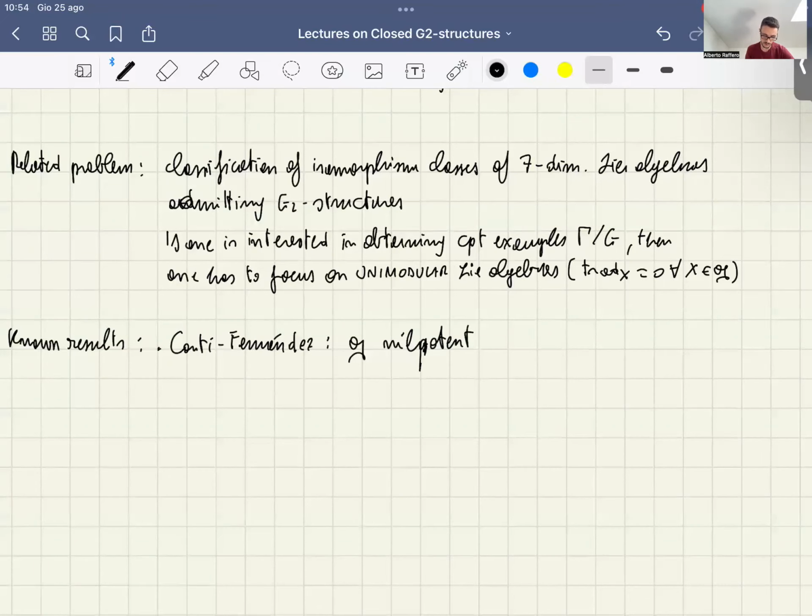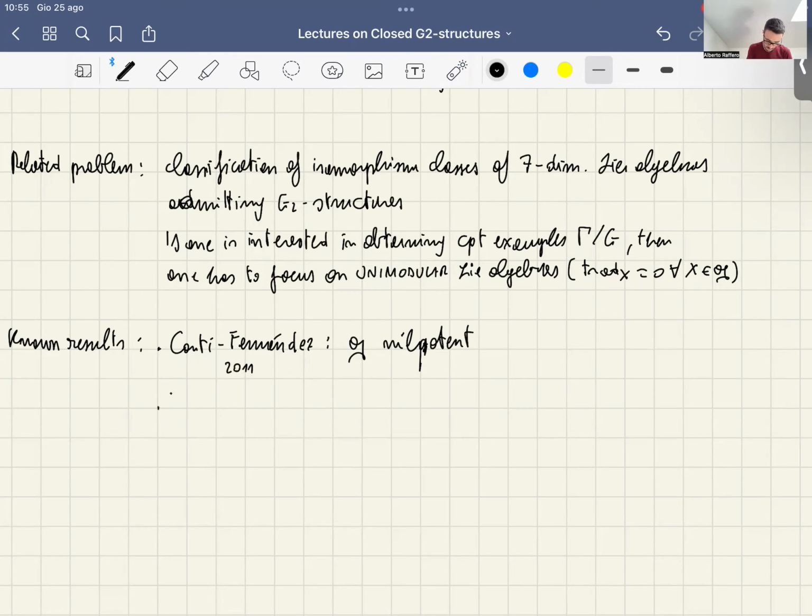And this result was obtained using a case-by-case analysis going through the 149 possible isomorphism classes of nilpotent Lie algebras in dimension 7. And what they obtained is that there are 12 cases out of 149, including the abelian Lie algebra. And this was obtained in 2011.